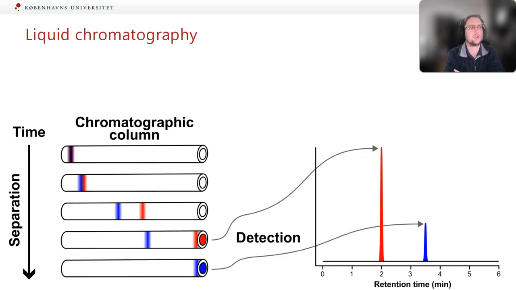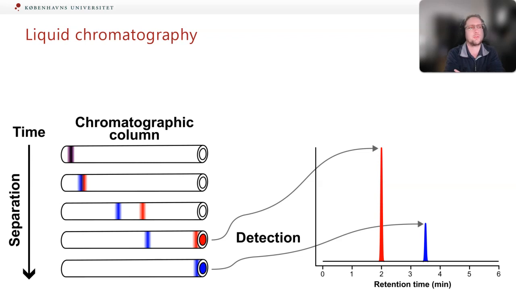Before we look at the data structure of LCMS data, let's first remind ourselves how the data is created. When you inject your solution in the chromatograph, all the compounds are mixed together in the solution you are injecting. As the compounds pass through the chromatographic column, they are separated. The reason they are separated is that compounds that stick to the column take longer to pass through the column than compounds that do not stick as much to the column.